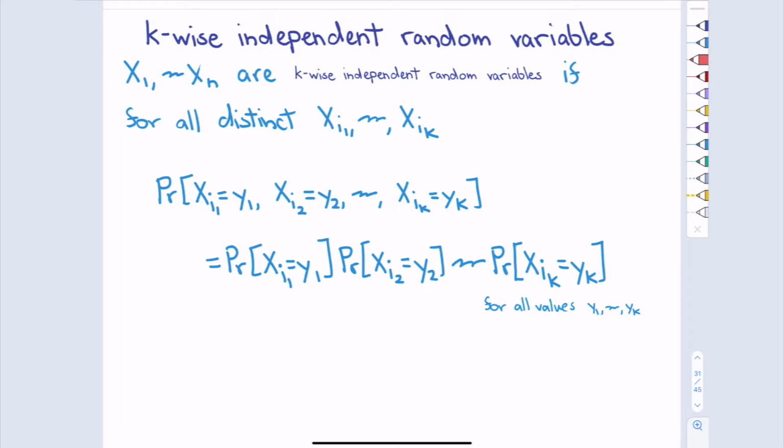That just means, okay, I have n random variables out there, any k of them behave as if they had nothing to do with each other, in the sense that the probability of those k variables getting k particular values is equal to the product of the probabilities taken apart. But again, it says nothing about k plus 1 variables at a time.